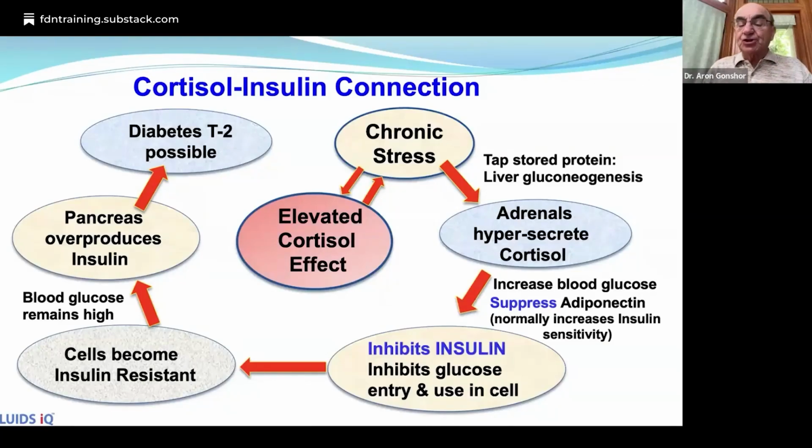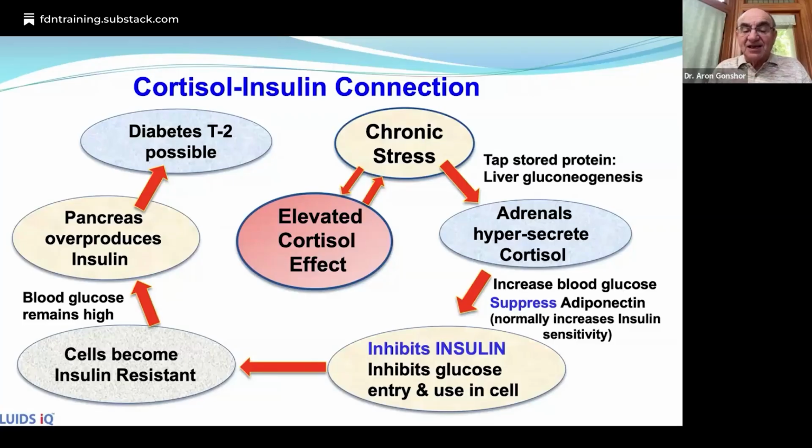So, on top of everything that's going on in the liver, you are increasing blood glucose. You're actually suppressing adiponectin. And for those of you who don't remember, adiponectin is a very strong hormone that normally increases insulin sensitivity to allow glucose to get into the cells. But here, it's not allowing them into the cells.